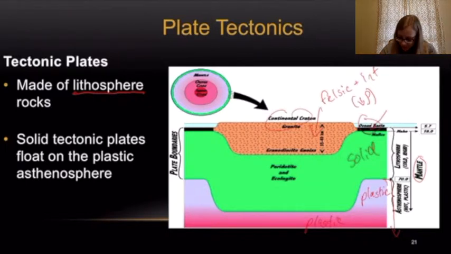Oceanic crust, which is mafic, has a density that is kind of in the middle. Its density is not low, not high, it's medium. And then the ultramafic mantle rocks have high density. All right, there we go.